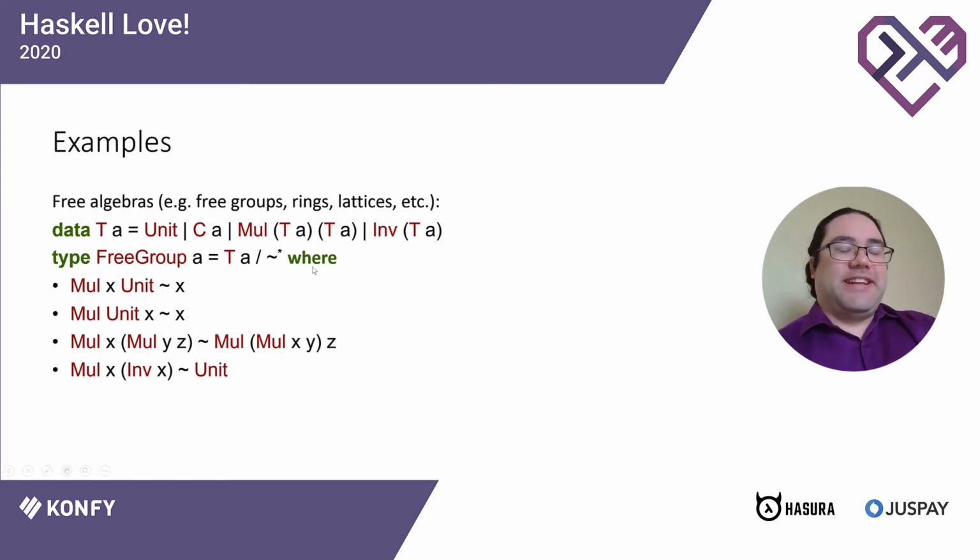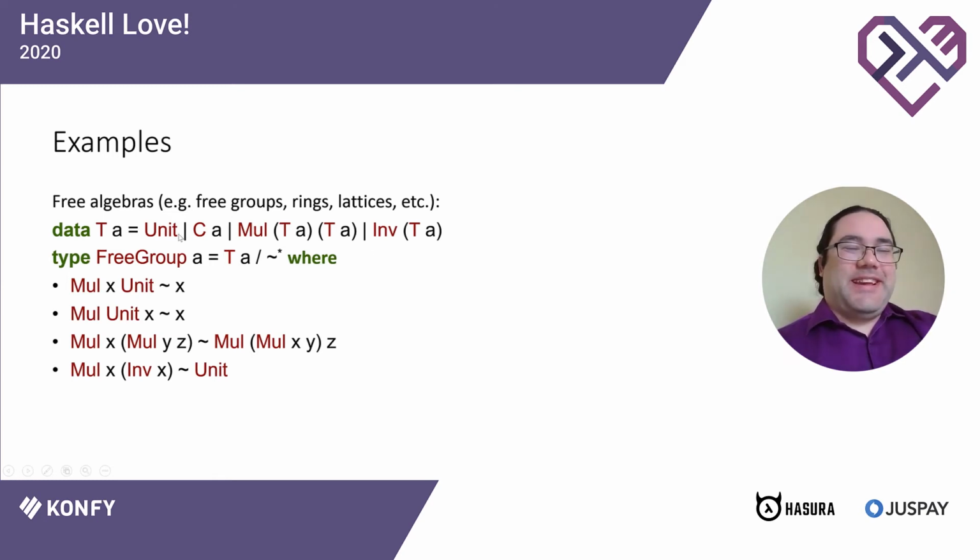So here's just an example of how you can model some algebraic concept using quotient types. We have an algebraic data type that, from a programmer's perspective, is essentially a syntax for a language where you have a unit, you can multiply, you can invert, and you have constants of type A. And then we want to create the free group.